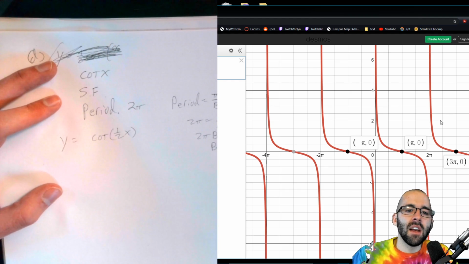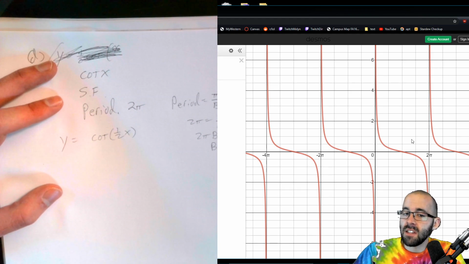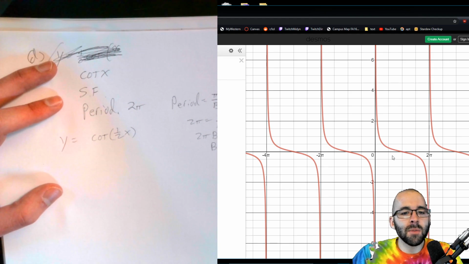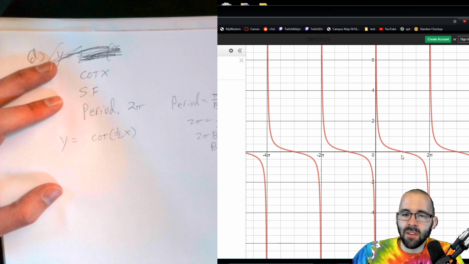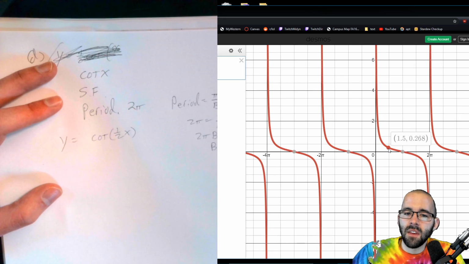All right. And now cotangent is very similar to tangent, in that when you are 1/4 of the period away from 0, you should be at 1. But here, 1/4 of the period, we're at 1/4.